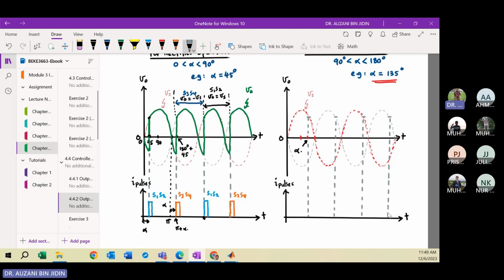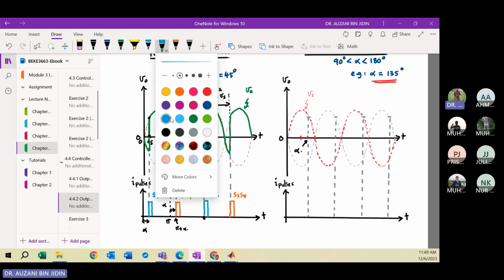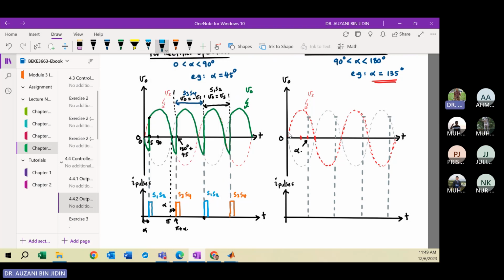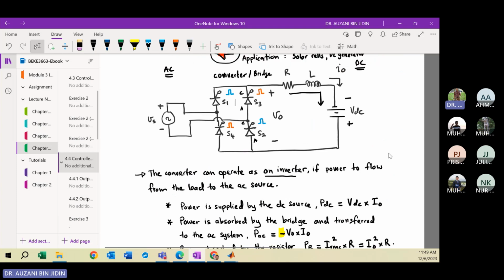Okay, class, for the first half cycle, put me here blue color. First half cycle means from 0 to pi. So you need to inject the current pulse to turn on S1 and S2. Same current pulse to be injected to the gate terminal.